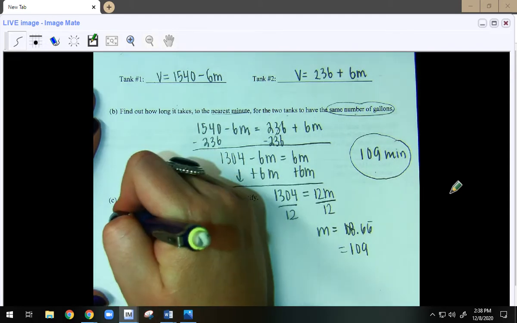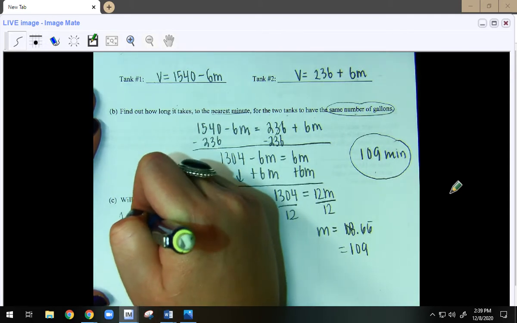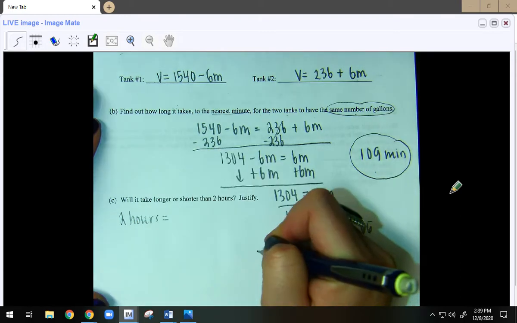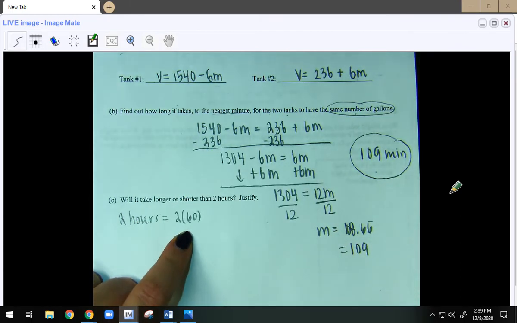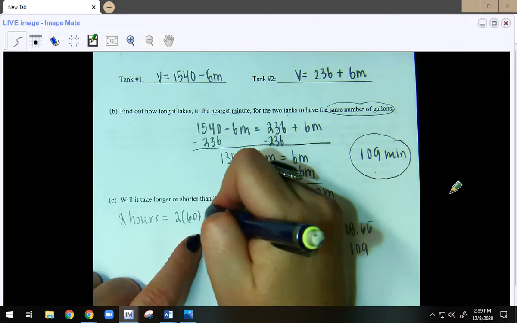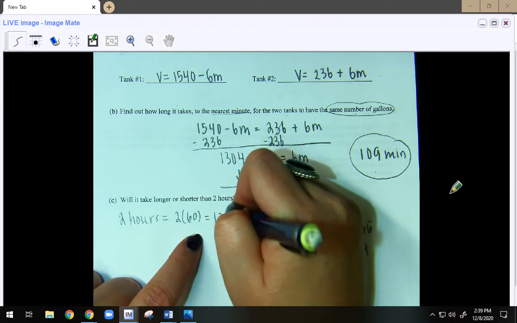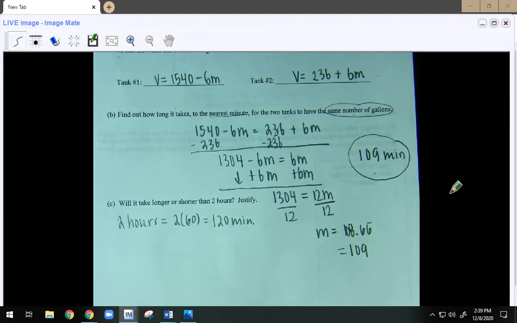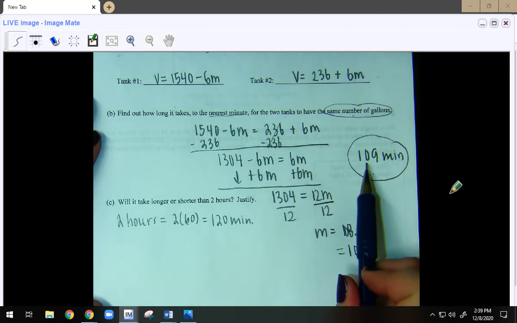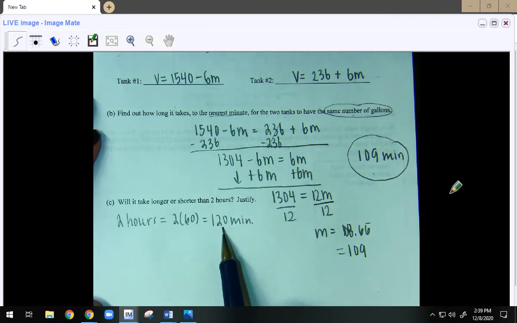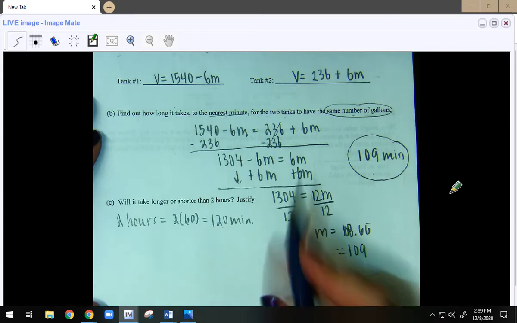Well, 2 hours is equal to 2 times 60. You have 60 minutes in each hour, so I have 120 minutes. So 2 hours is equal to 120 minutes. So 109 minutes is less than 120 minutes, so it's shorter than 2 hours.